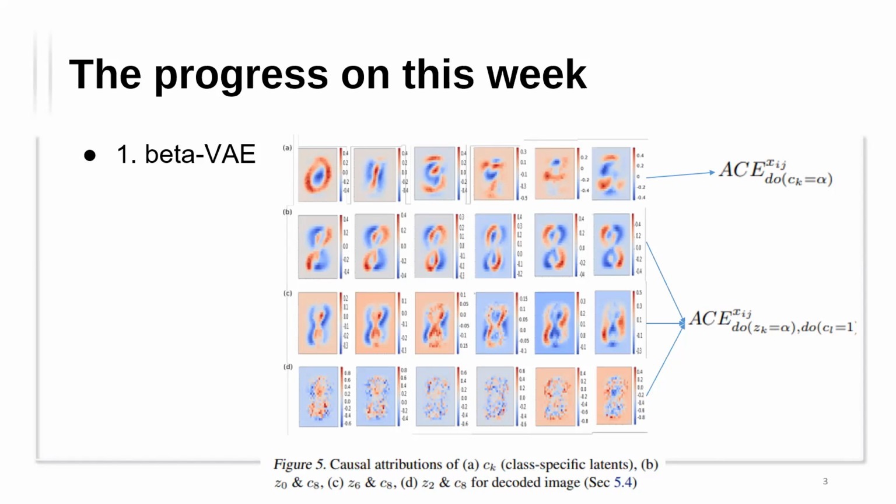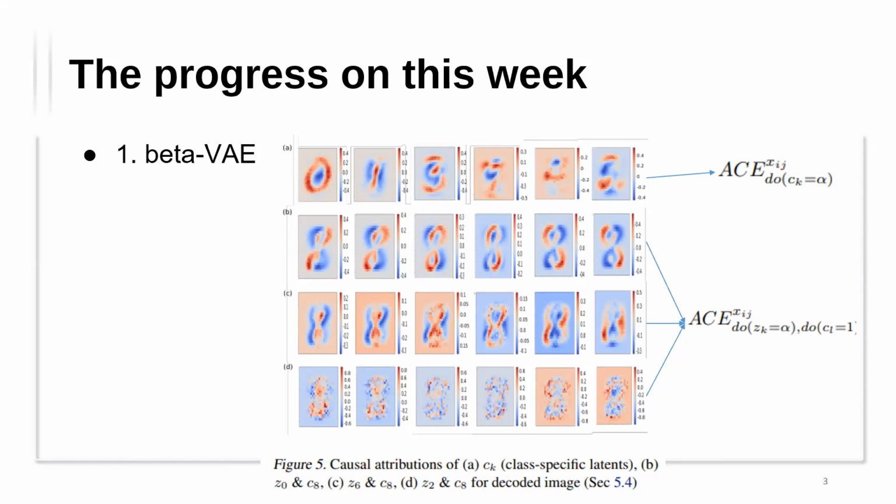What beta VAE tries to do is to disentangle that information. So in the latent space of beta VAE, each dimension can represent one single generative factor.